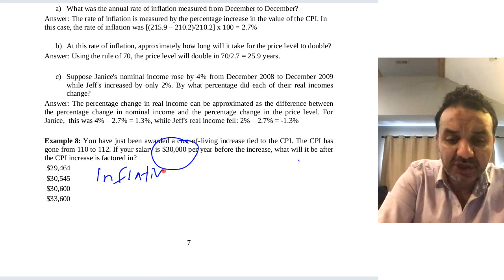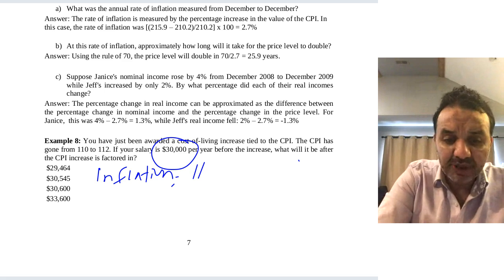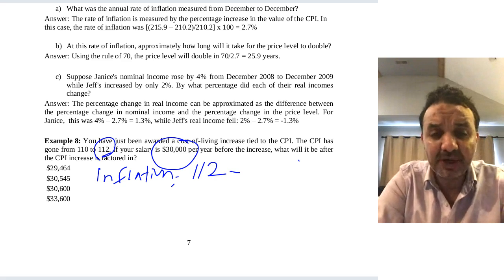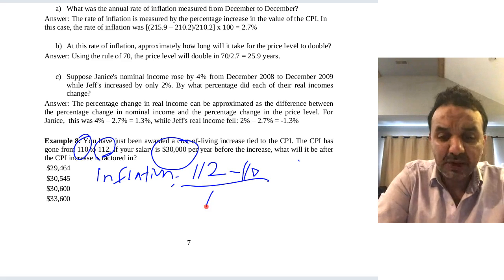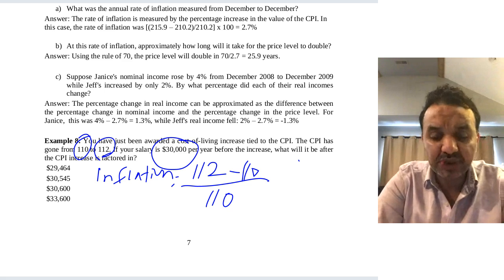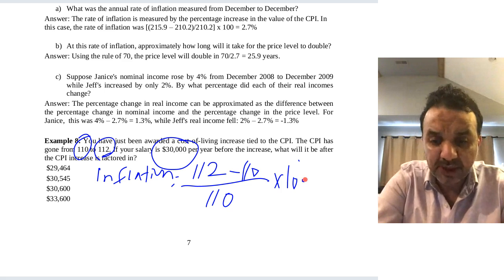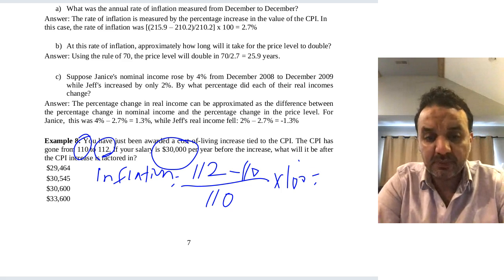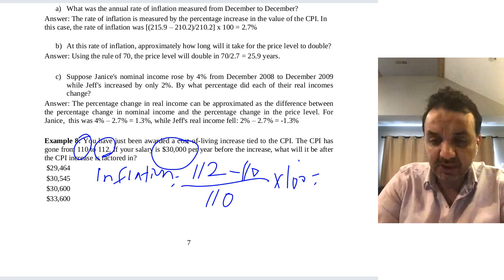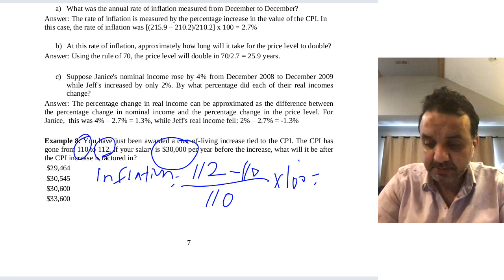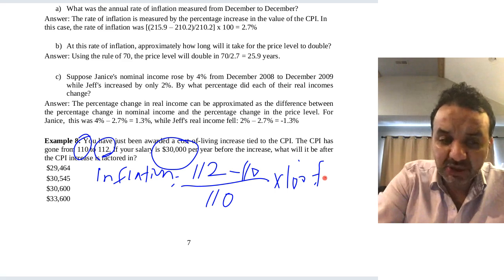The inflation will be CPI at time t, which is 112, minus CPI at time t minus 1, which is 110, divided by CPI at time t minus 1, which is 110, multiplied by 100. So basically you're dividing 2 by 110. So the inflation is 1.81%.